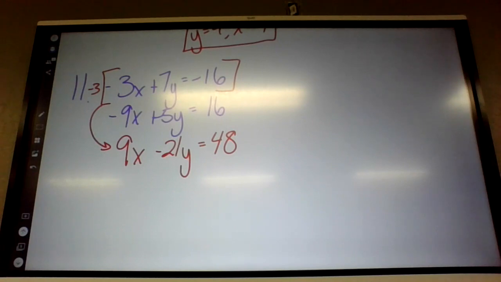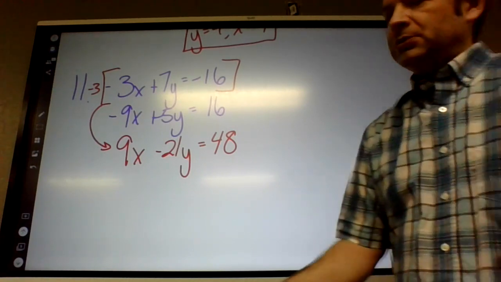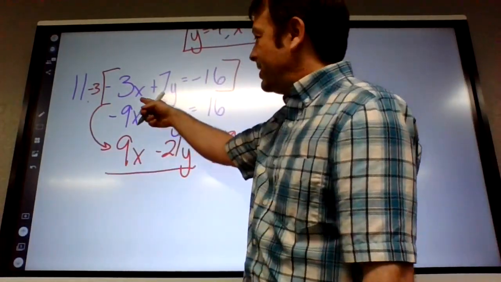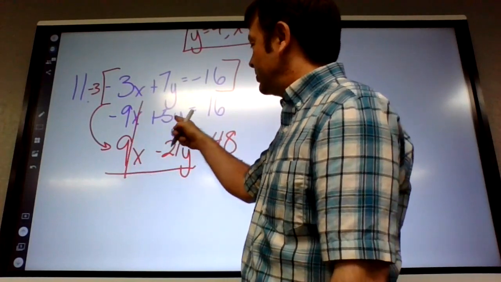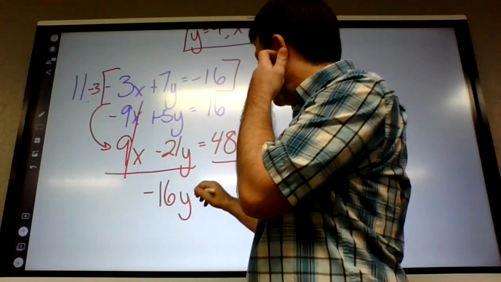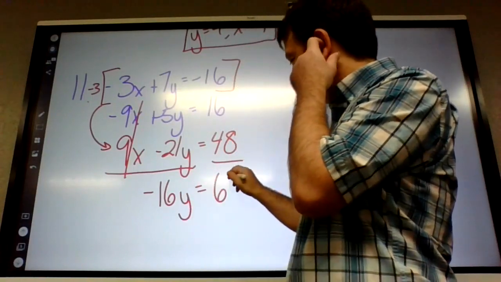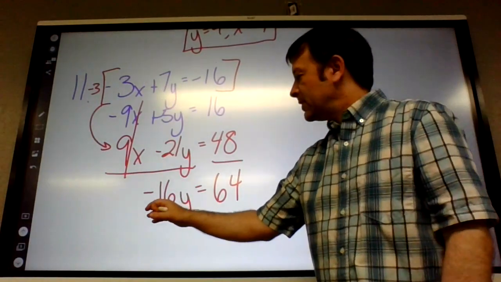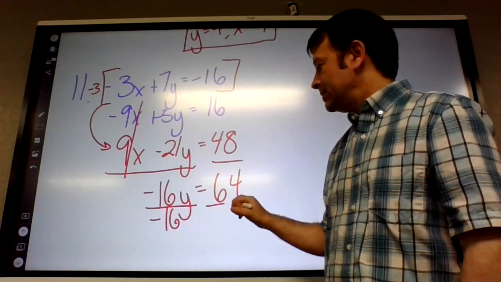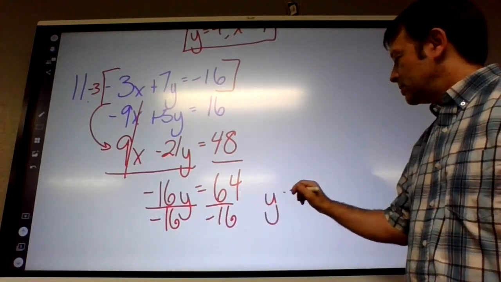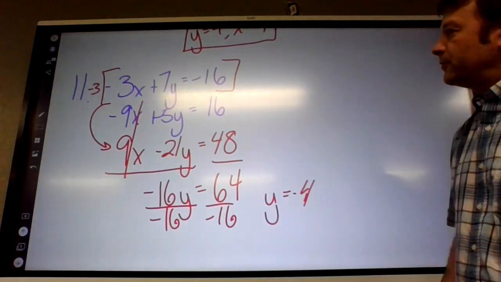It's easy to do. Now the x's will go away, and we've got 5 minus 21, -16, y equals 16 plus 48, 64. Divided by -16 is -4.